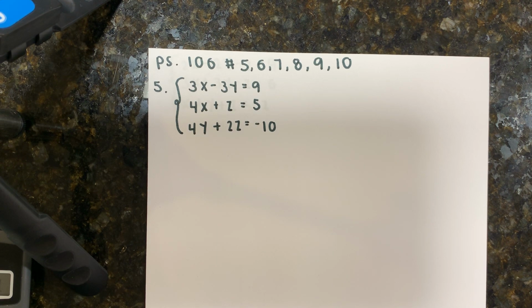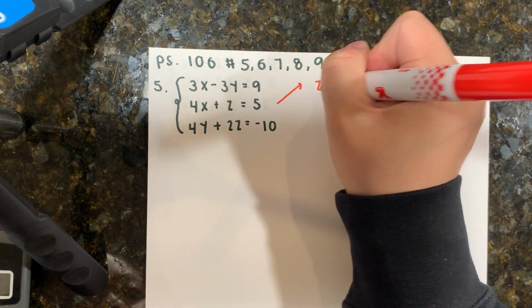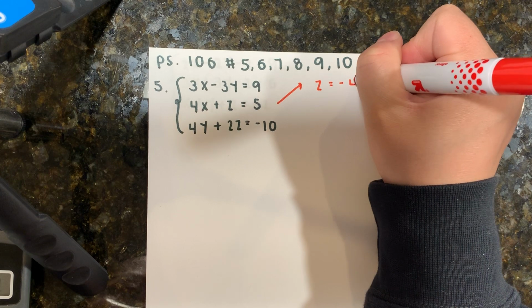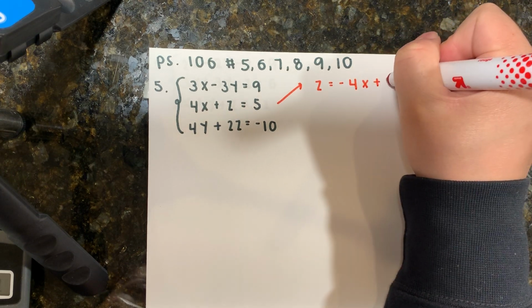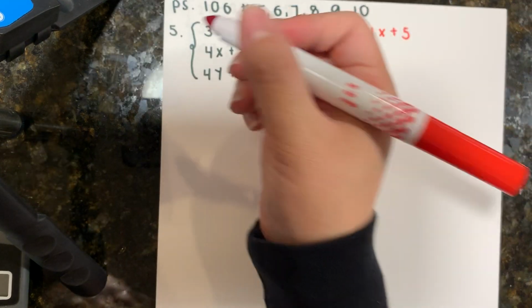So for number 5, the first thing I'm going to do is solve for z in the middle equation. That would give me z is equal to negative 4x plus 5. I'm going to plug that into the bottom equation.